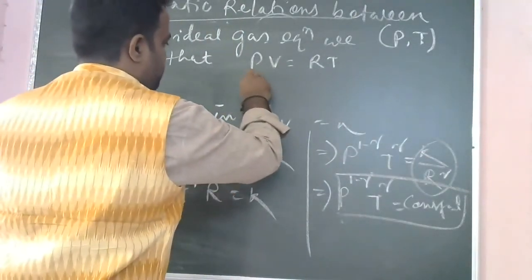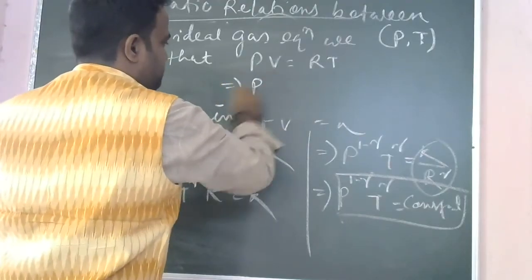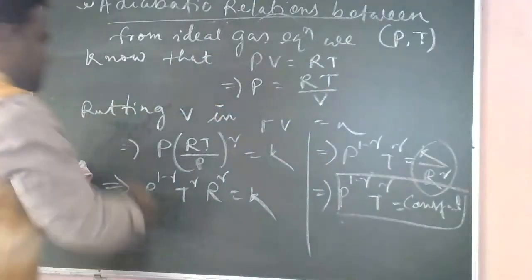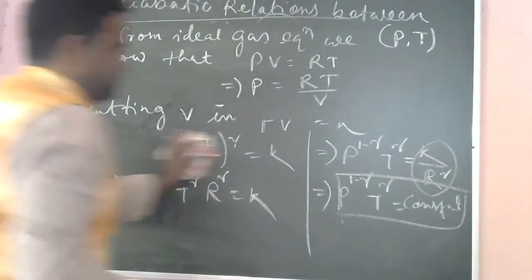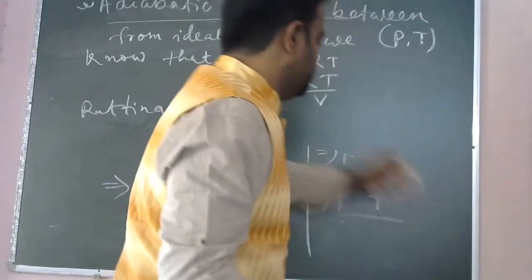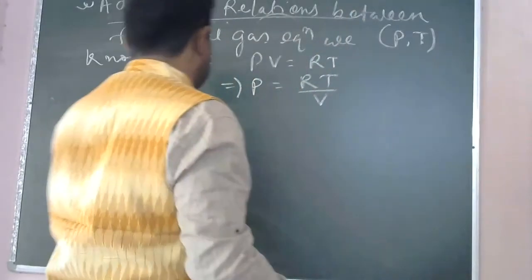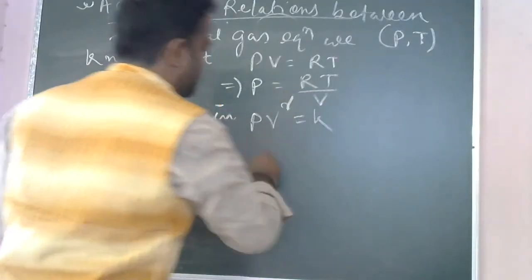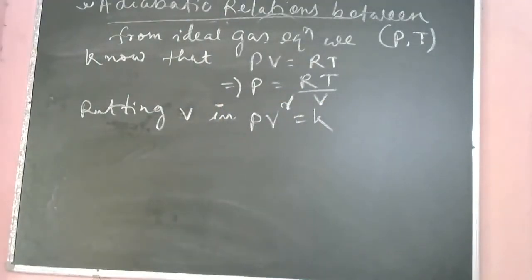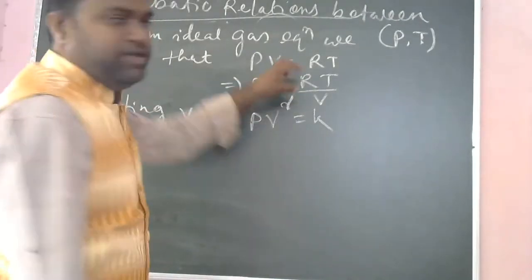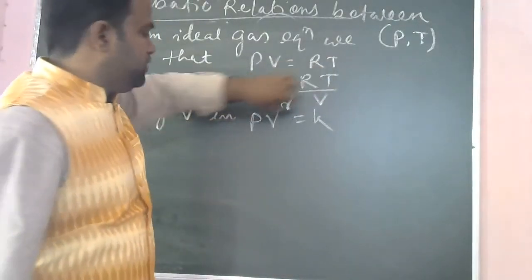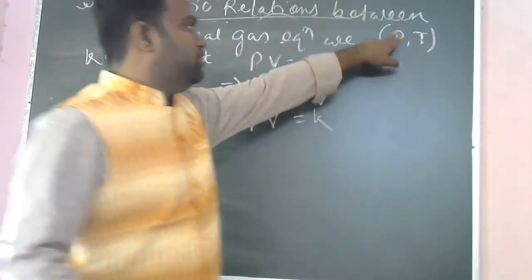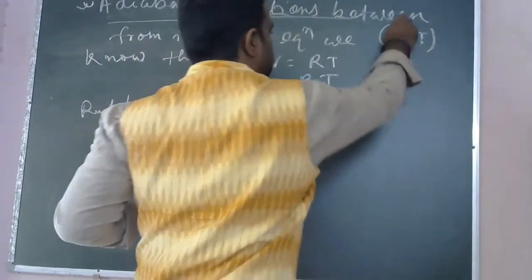I will find the relationship P is equal to RT by V. Then I'll do the same thing, putting it in the same equation, PV to the power gamma is equal to constant. In this equation, what shall I do? I'll replace the value of P here, okay? Then I'll get the relationship between volume and temperature.